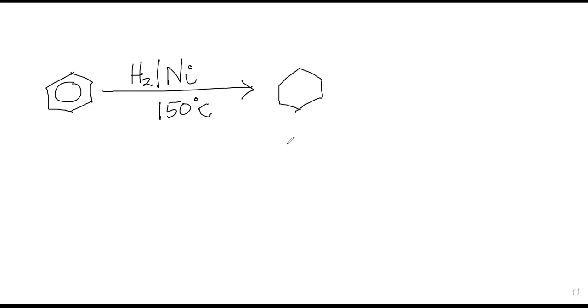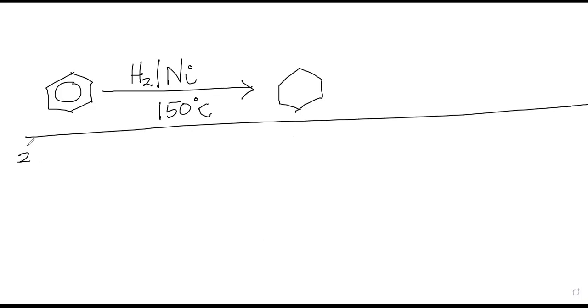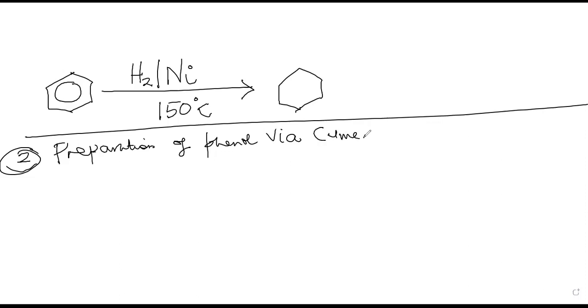Now, another very important use, we can use benzene in making phenol through the cumene process. So basically, the second major use, we can use benzene in the preparation of phenol via the cumene process.